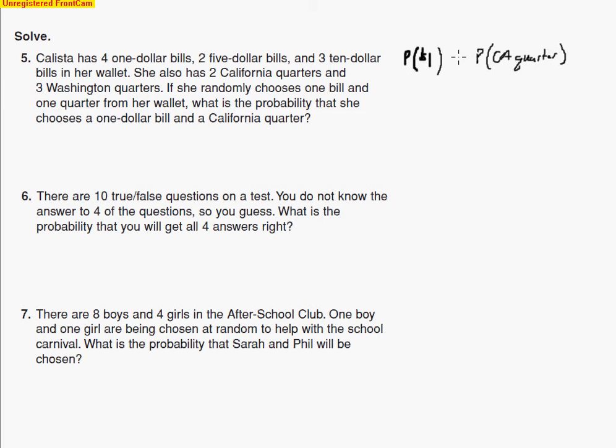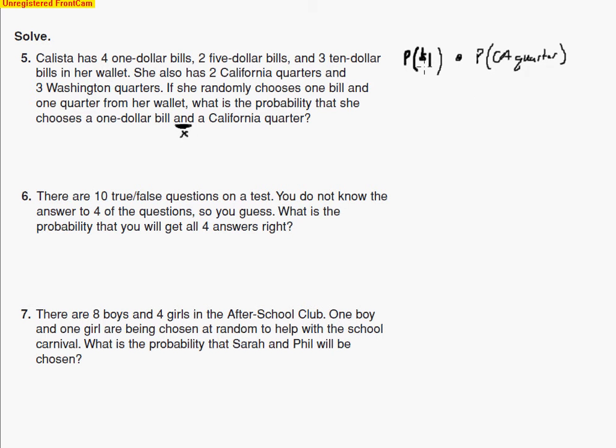And what we're going to end up doing with these is multiplying them, because they want to know the probability of doing 2 things together. And the key word is "and." So when we see the word "and," we're typically going to end up multiplying these probabilities. When we see the word "or," that's what we did yesterday, where we had disjunctions and we ended up adding the probabilities together.